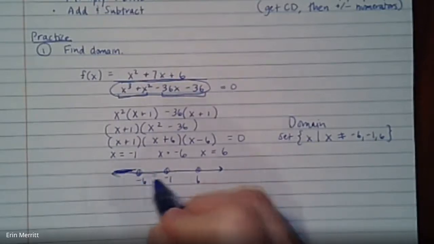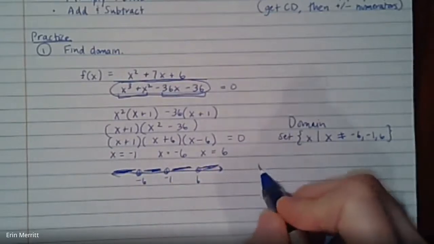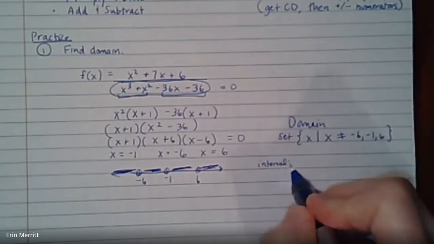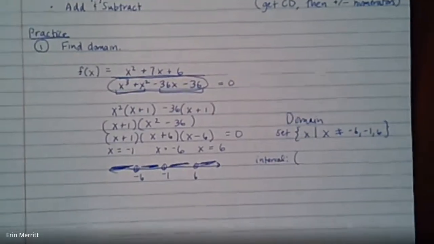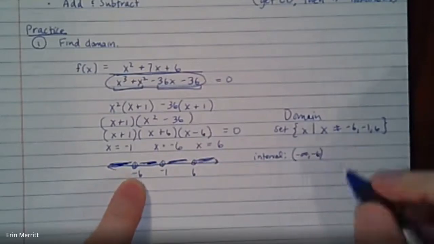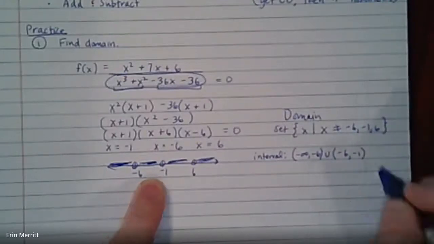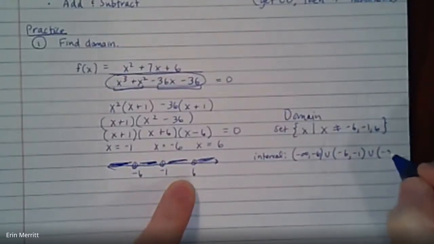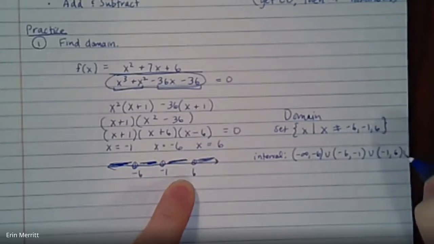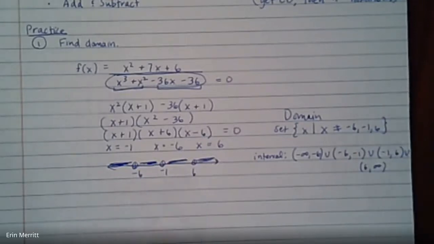And then I can see I have 4 intervals. So in interval notation, this would go from negative infinity up to negative 6, union with negative 6 to negative 1, union with negative 1 to positive 6, and then last one, union with 6 to infinity. So please make sure to take note of what way you're asked to leave the domain.